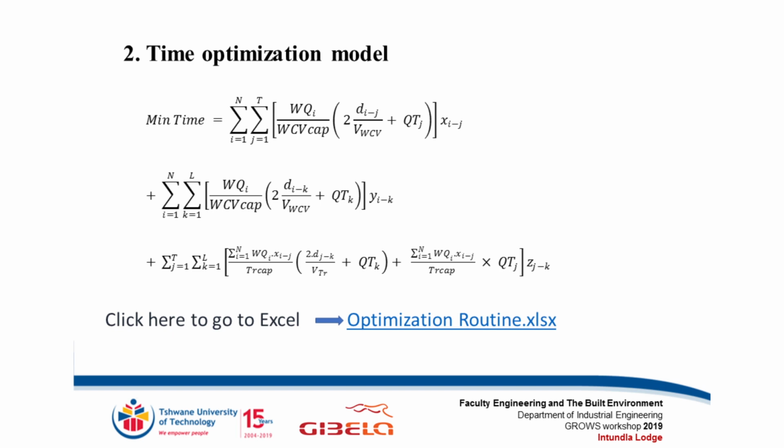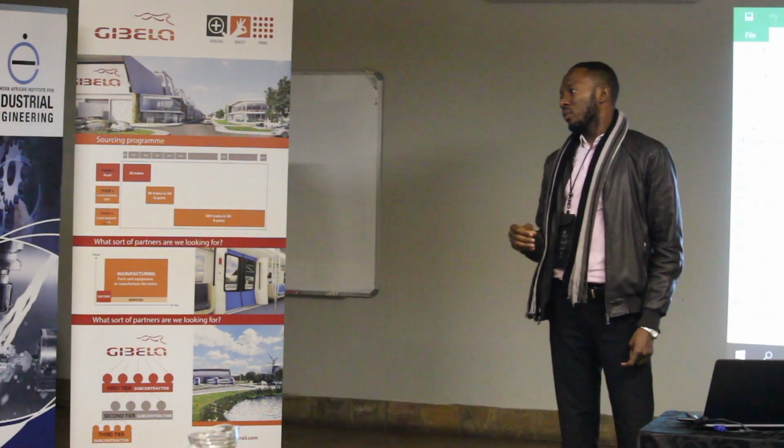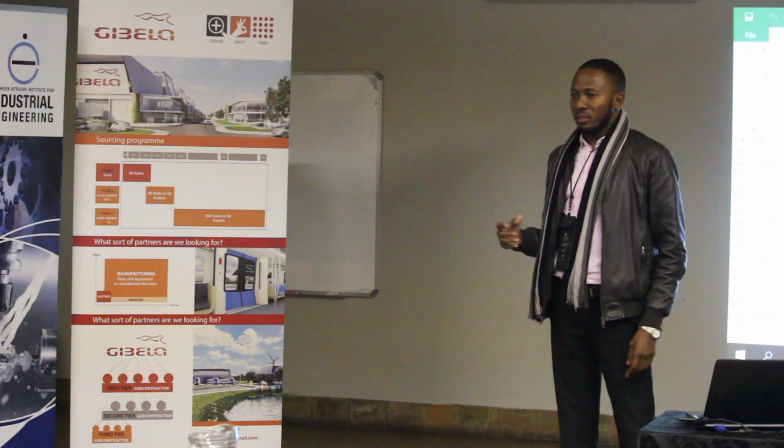Excel gives us the results, as you can see here. This result will tell us, for every area, the optimal destination of their waste so that we can minimize the time of the waste in the cities.